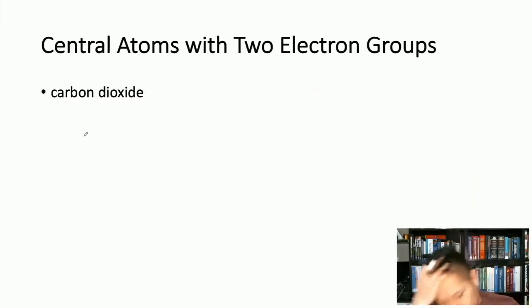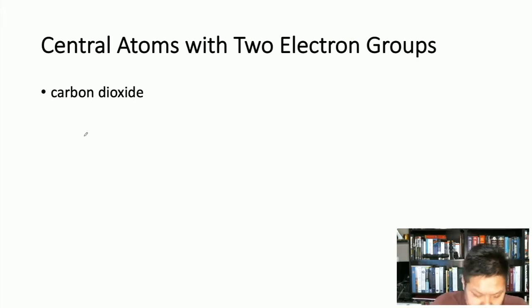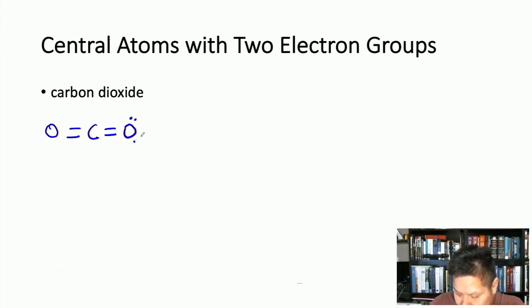Okay, so now let's do some examples to demonstrate VSEPR theory. You saw me do the example of carbon dioxide earlier with the Lewis structure, and it looks something like this. By habit, because I'm a chemist, I put the lone pairs of electrons on the oxygen like this.